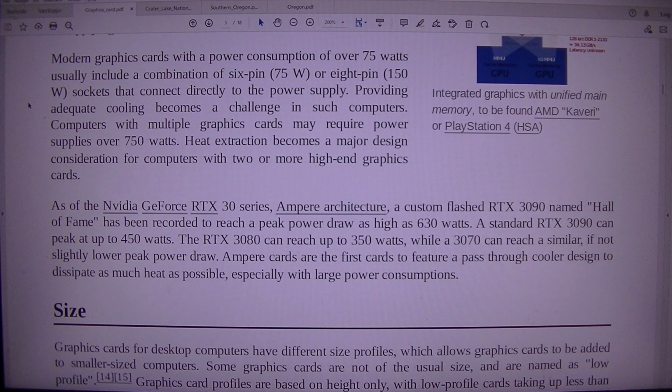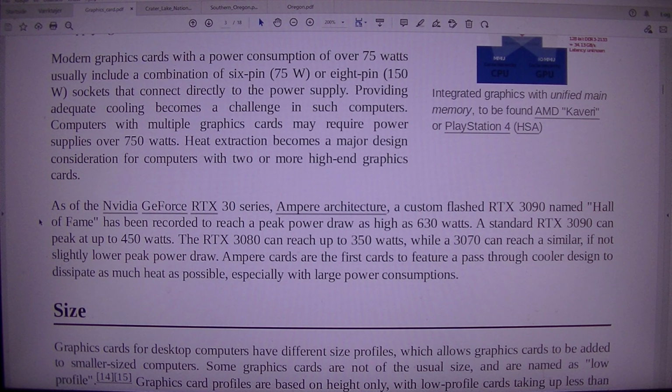As of the NVIDIA GeForce RTX 30 series, Ampere architecture, a custom flashed RTX 3090 named Hall of Fame has been recorded to reach a peak power draw as high as 630 watts. A standard RTX 3090 can peak at up to 450 watts.